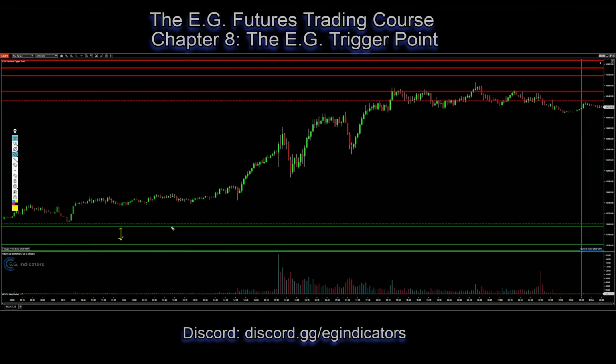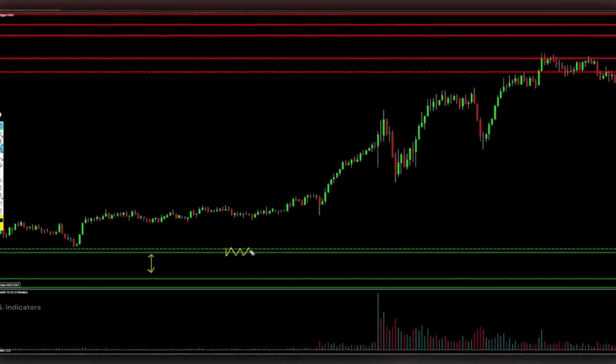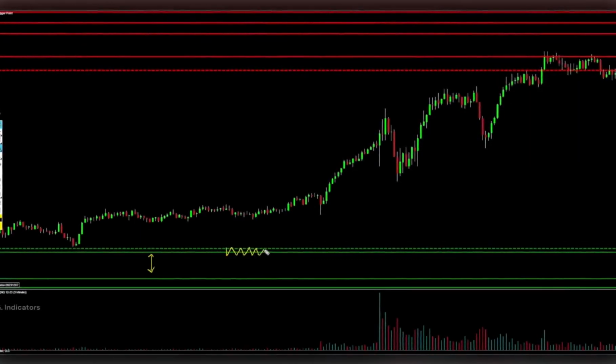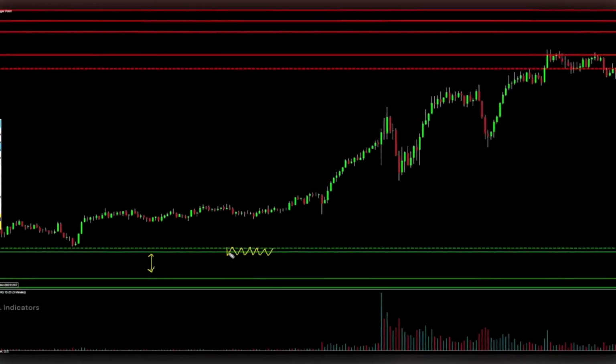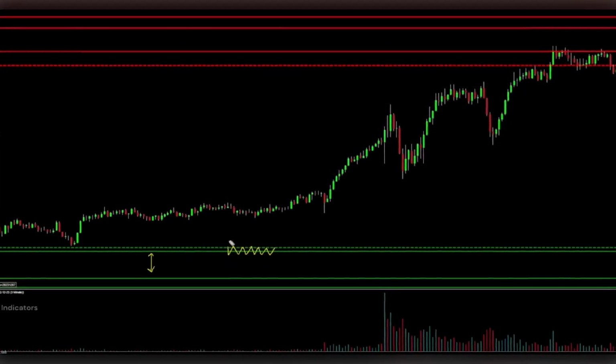Theoretically, this can be viewed as essentially a band of support, really just combining these two, adding what I would consider to be extra strength to this point.